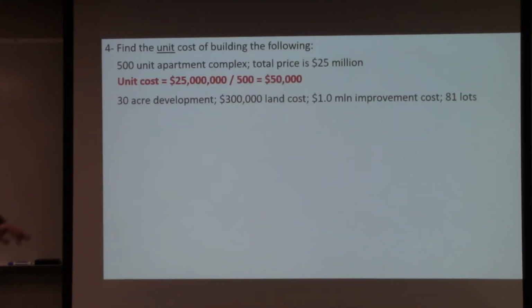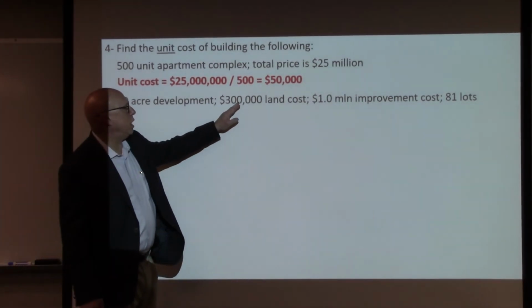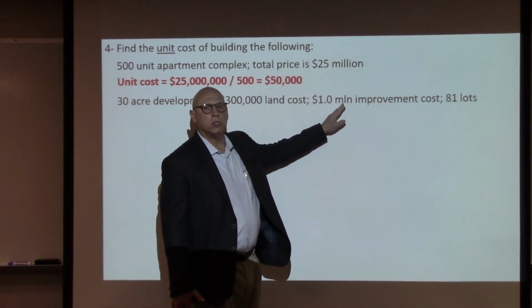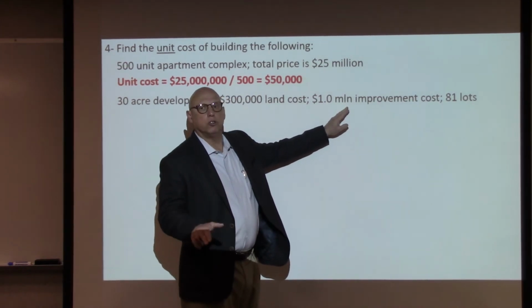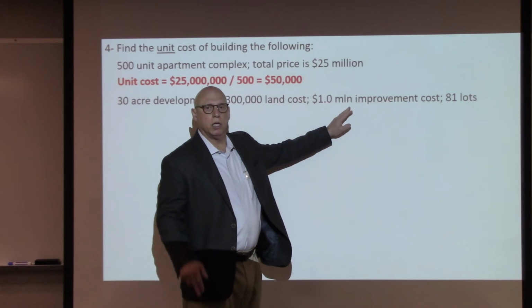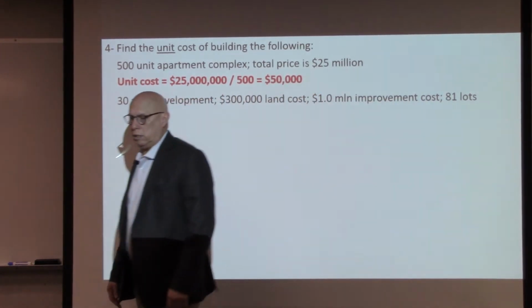A 30-acre development that involves $300,000 for the land and $1 million in improvements, which is clearing the land, putting in streets, putting in drainage, putting in street lights, putting in utilities, and it's been subdivided into 81 lots.